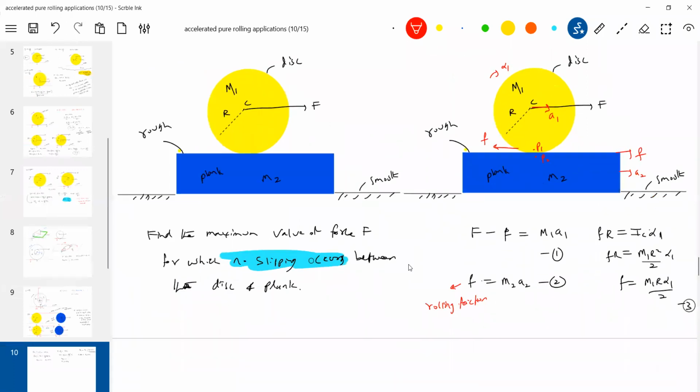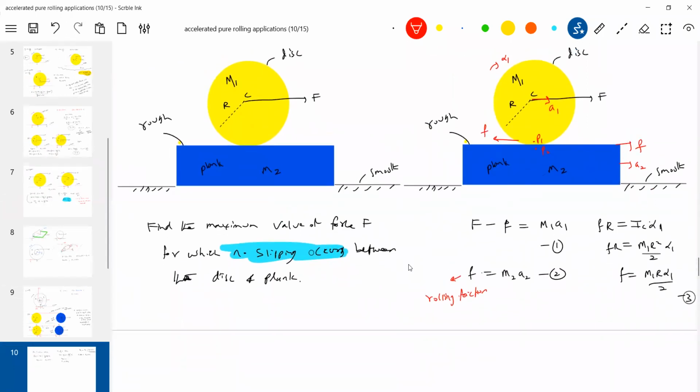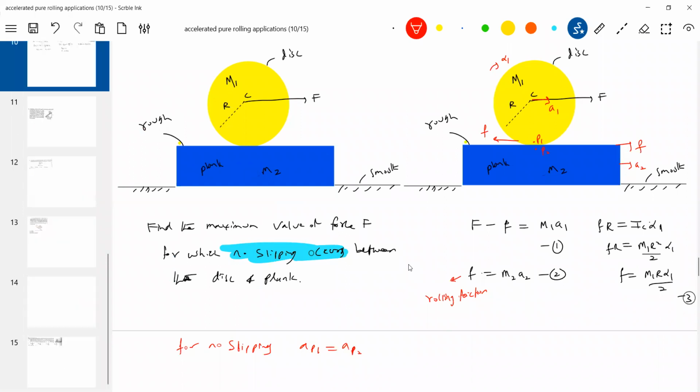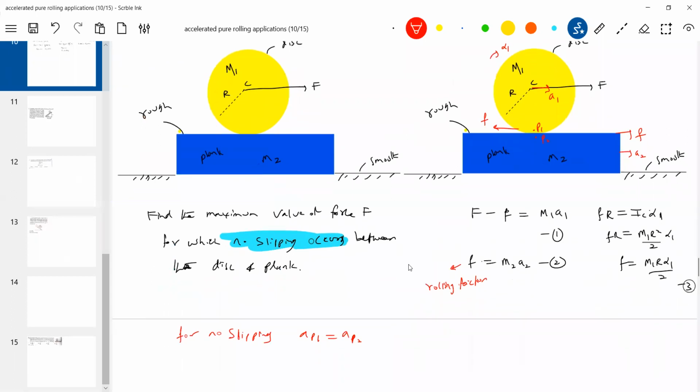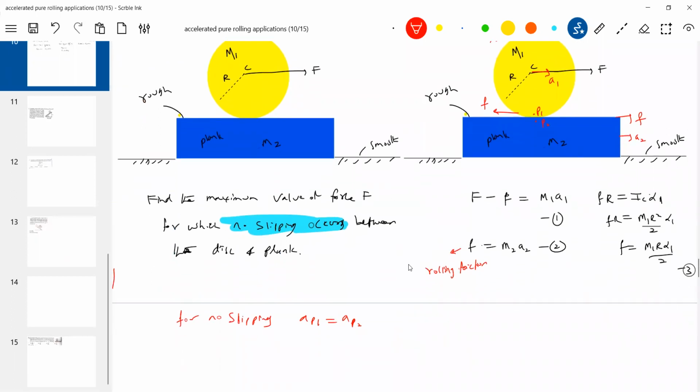Just go back to the no slipping idea we introduced in block upon a block. For no slipping, AP1 equals AP2. AP1 should be equal to A1 minus R alpha, and AP2 should be equal to A2.